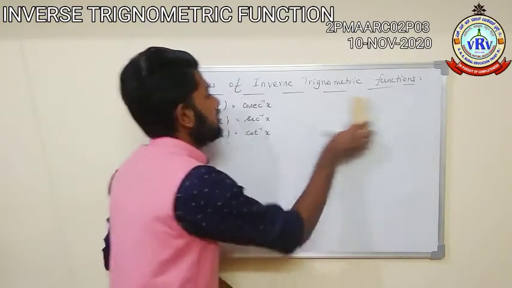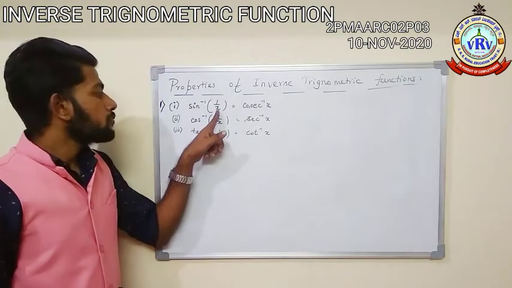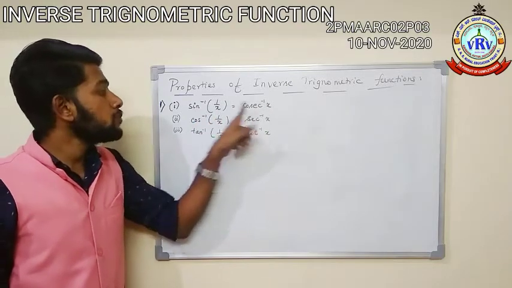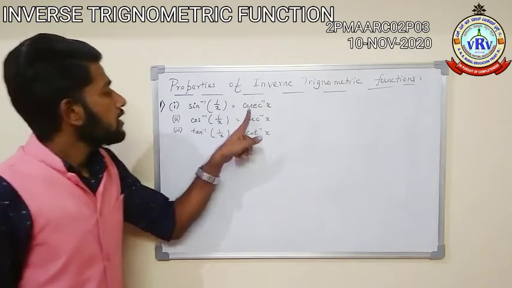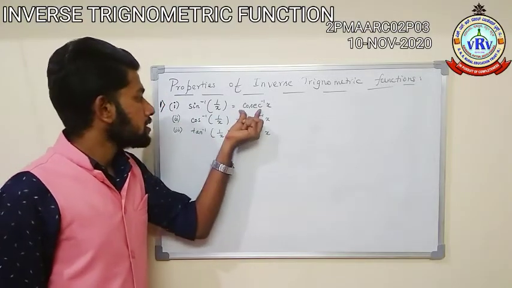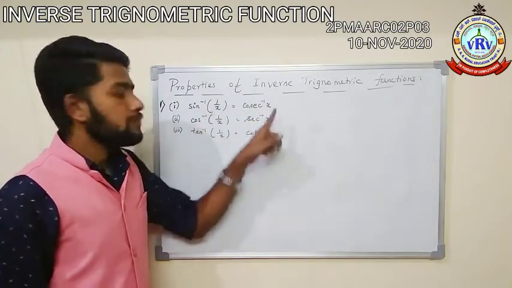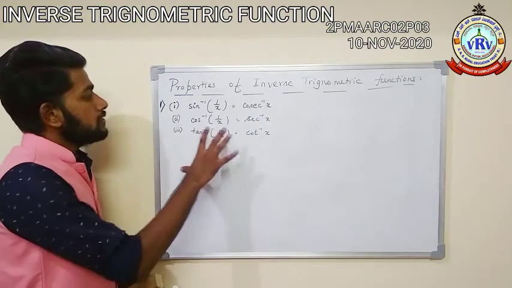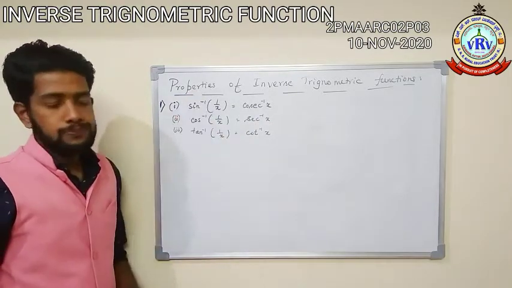So we can observe here the function inside the inverse function is reciprocal of the x, and in the right hand side we are getting the reciprocal of the sine x and the reciprocal of 1 by x. Right? So this kind of property is involved in the first property.